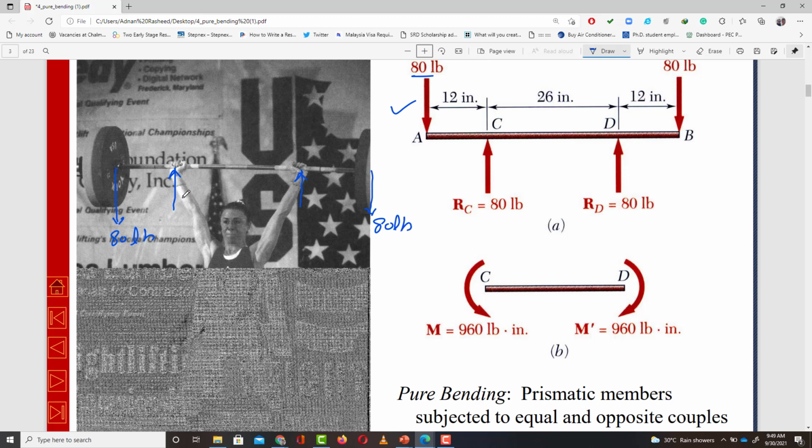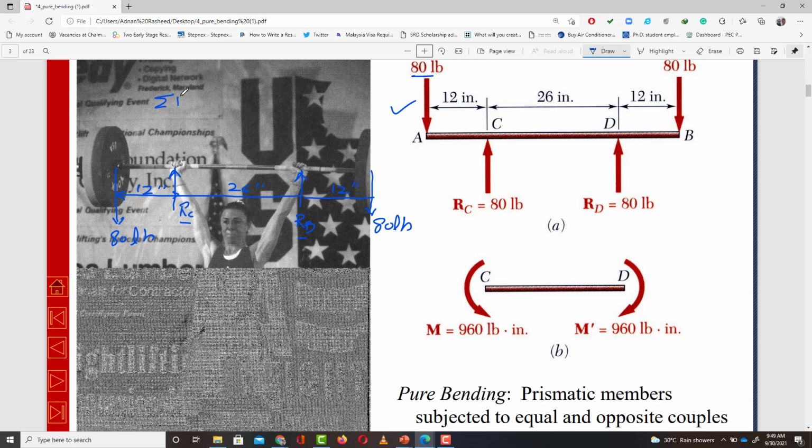Now these are the reaction forces, for example RC and RD, which are not known. The distance from this end to this support is 12 inch, between the supports it is 26 inch, and again this is 12 inch.